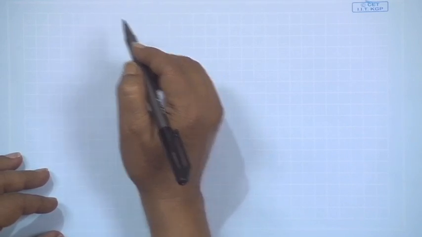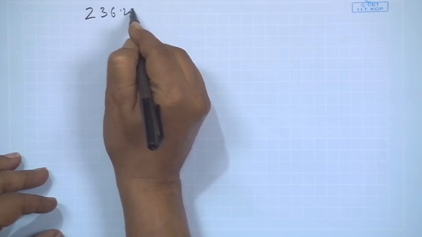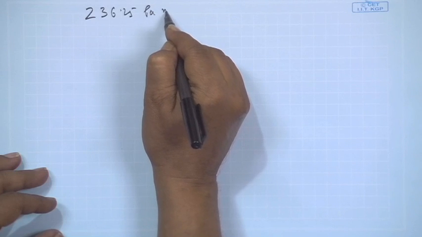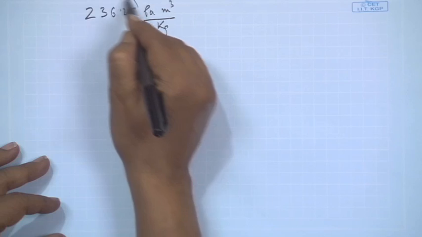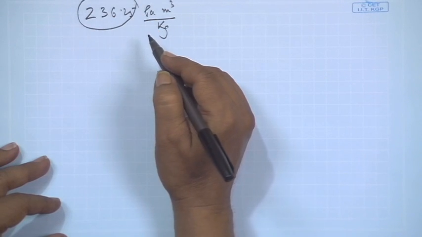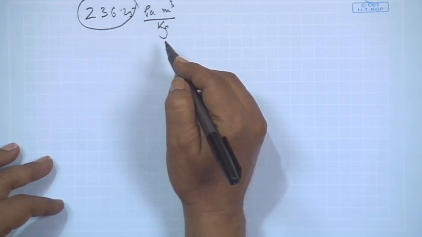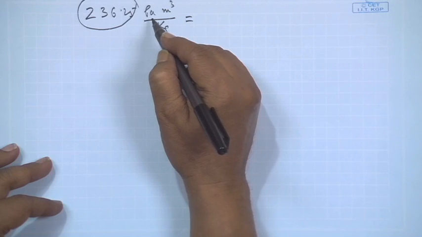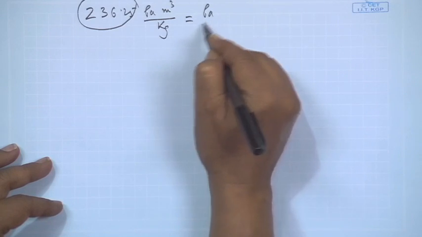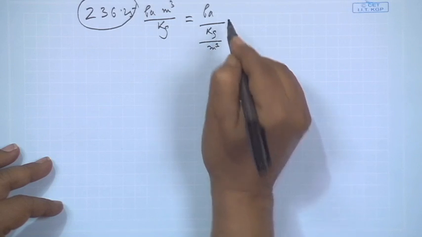For example, the value we had gotten, 236.25 Pascal meter cube per kg, the value remains the same, 236.25, but this Pascal meter cube per kg we can write in terms of Pascal.